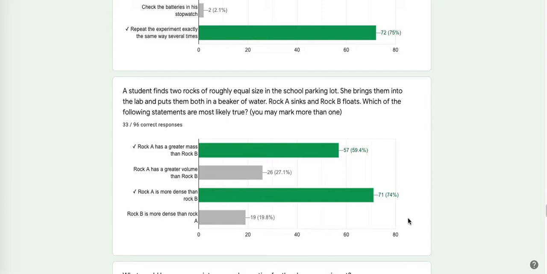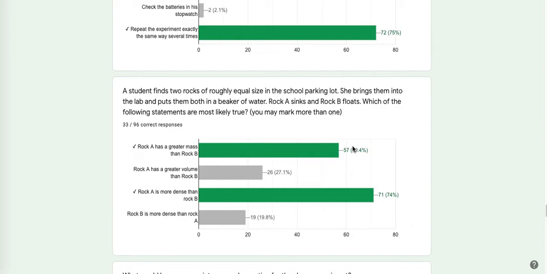So in water, if something floats, especially a rock, generally its density is going to be less than that of water. A rock that's floating would have a density that's lower than 1 gram per milliliter. A rock that's sinking would have a density that's greater than 1 gram per milliliter, because 1 gram per milliliter is the density of water.